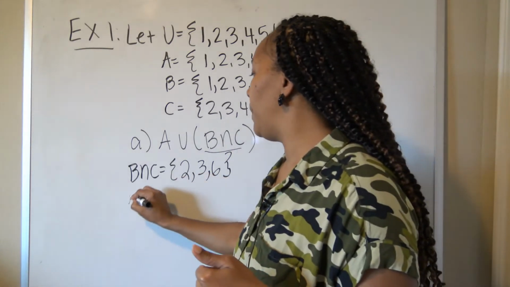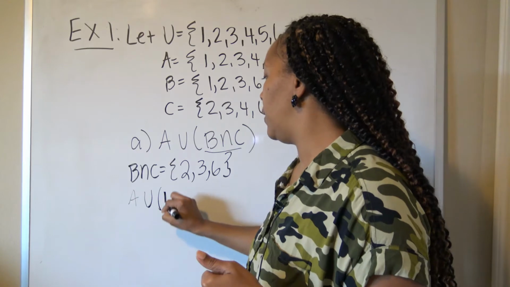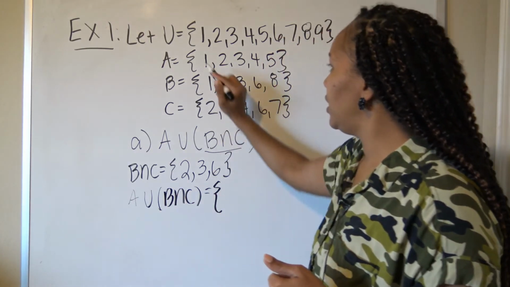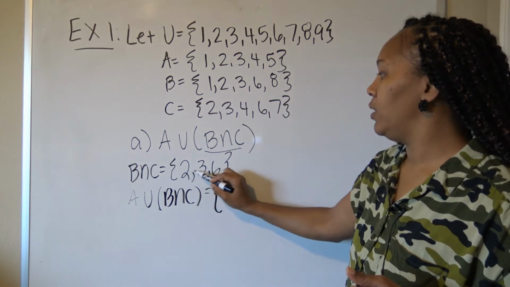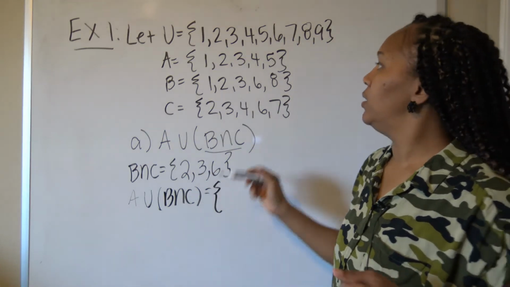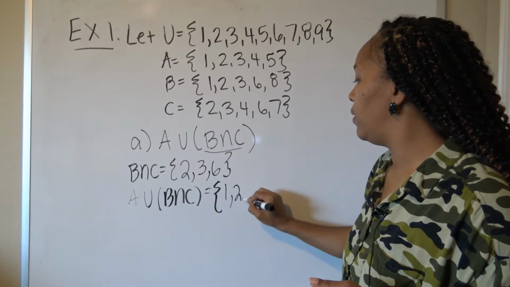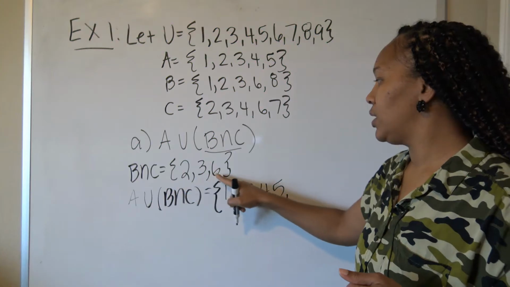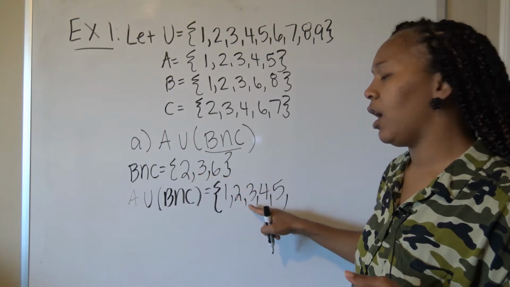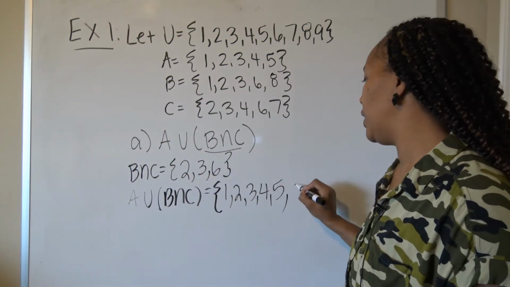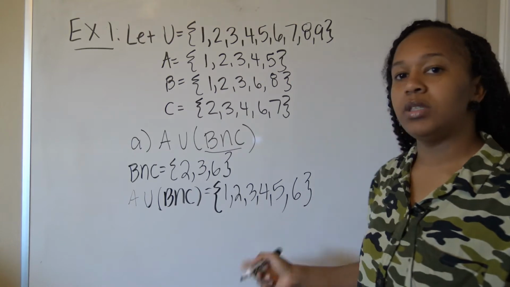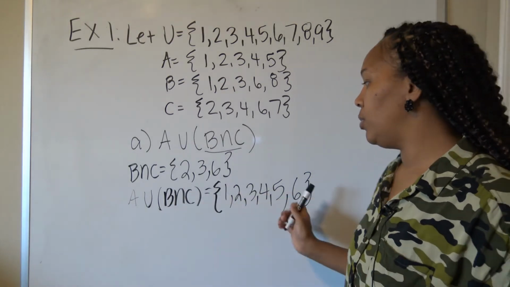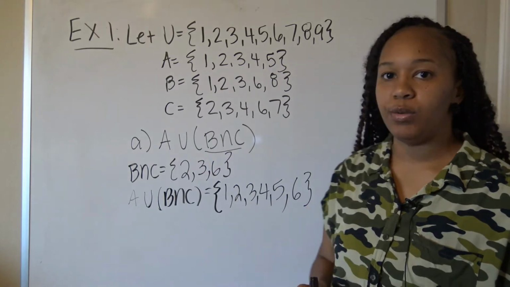So A union (B intersect C) would be me taking everything that's in A and combining it with everything that's in B intersect C. A has 1 through 5, and B intersect C has 2 and 3 already. I don't have to list those again, but it also has 6, so I would include 6 in that set. So A union (B intersect C) is the set with 1 through 6 in it.